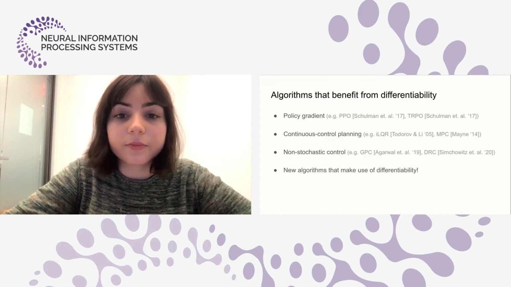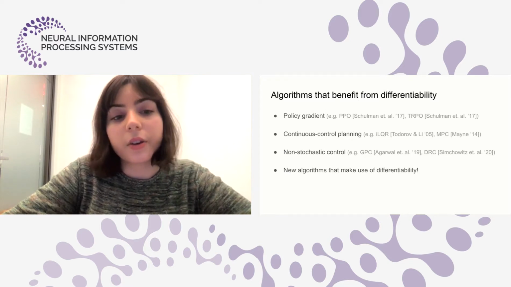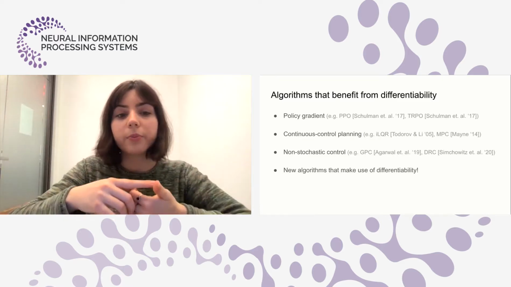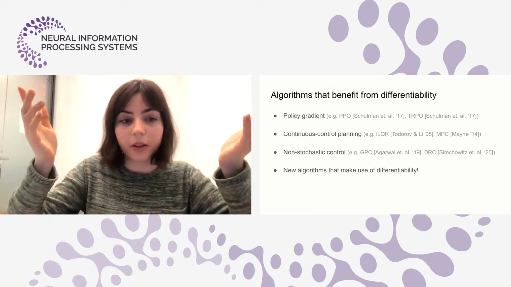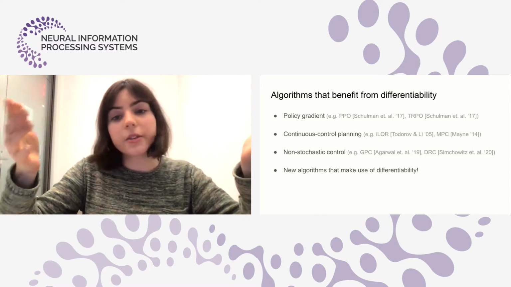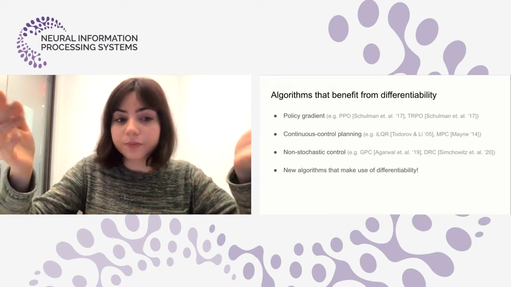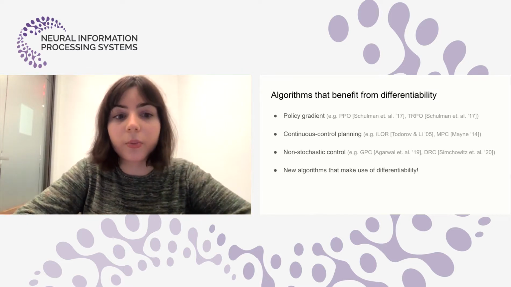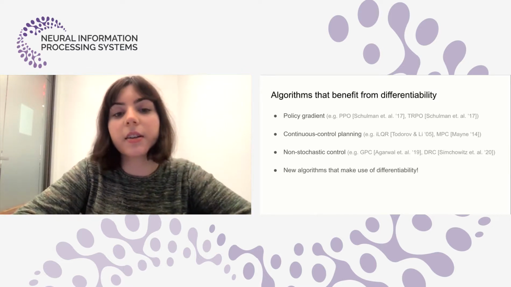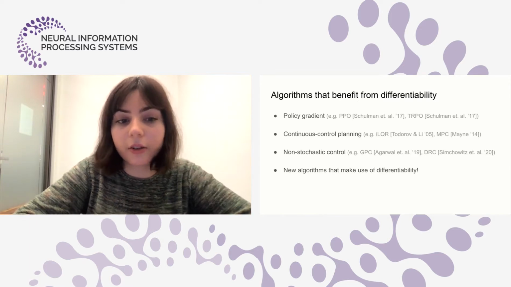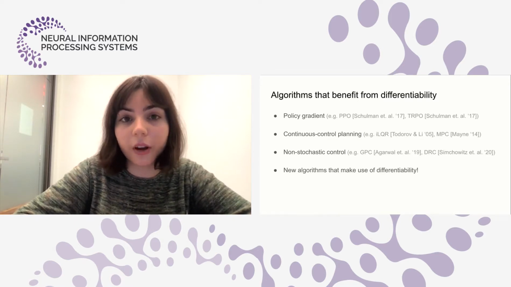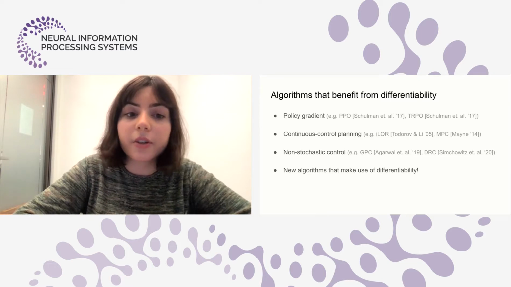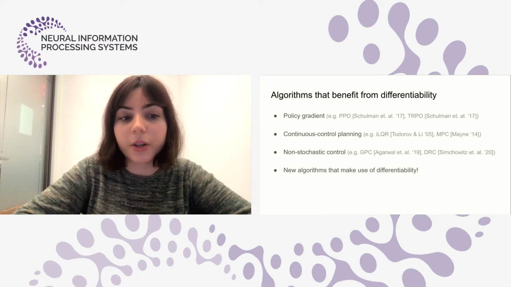Some concrete algorithms which benefit from differentiability are, first of all, basically all policy gradient methods. This includes PPO or TRPO. Secondly, more typical continuous control planning algorithms such as the iterative linear quadratic regulator and model predictive control variants, since these leverage first or higher order approximations of the dynamics iteratively.